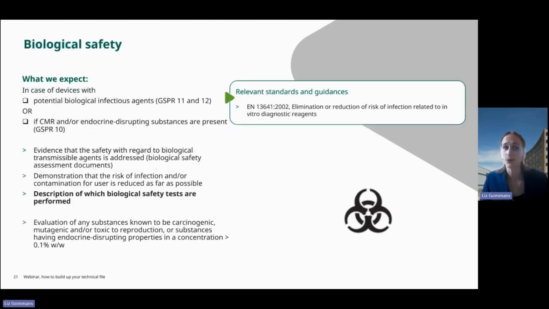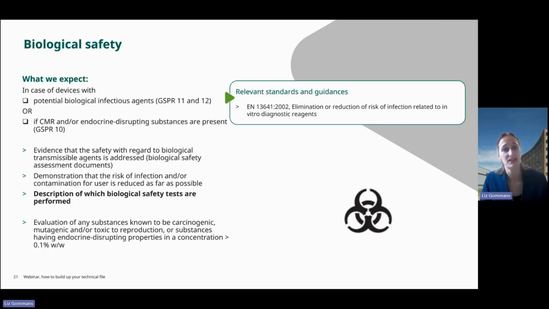Then the final chapter, we're almost there, about biological safety. What do we expect here? So it's only applicable if you have a device which has a biological infectious agent, so GSPR 11 or 12, or CMR, or endocrine disrupting substances present, GSPR 10. So if one of these is applicable, we need to have biological safety.